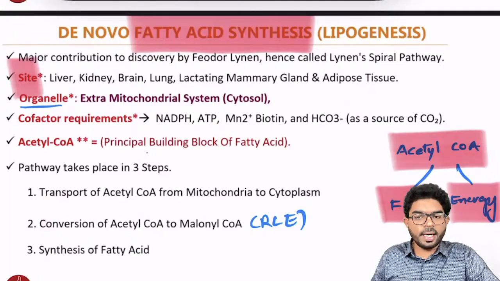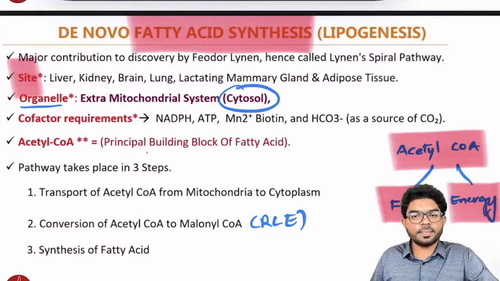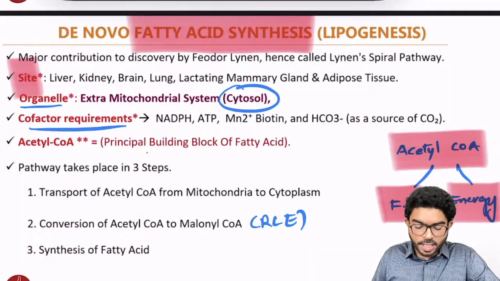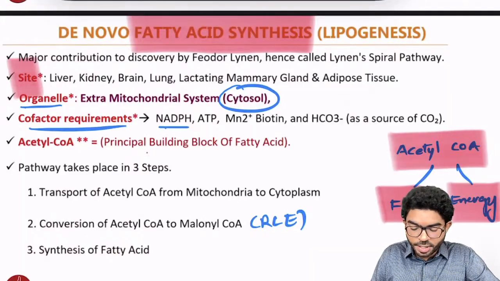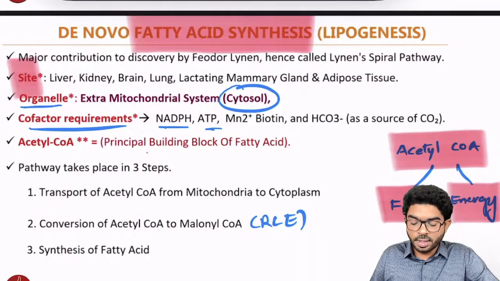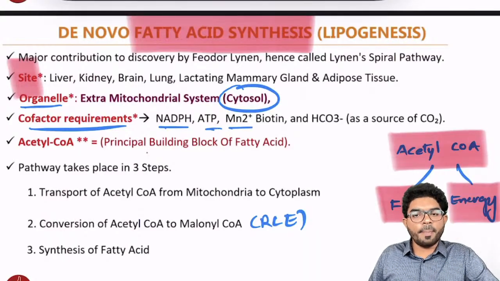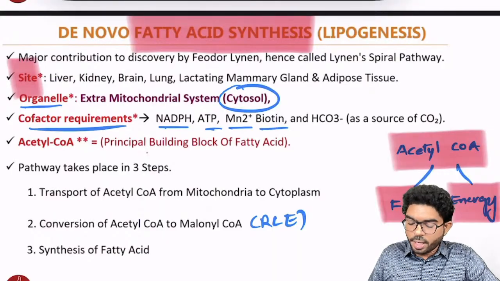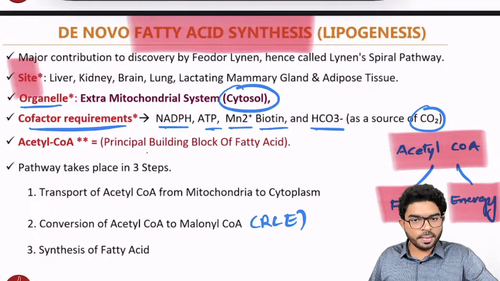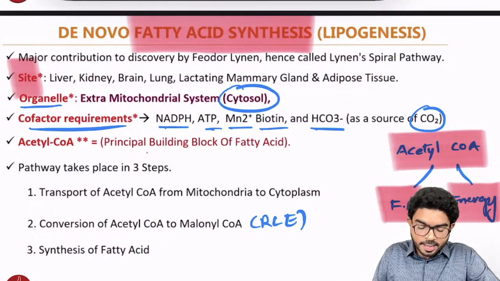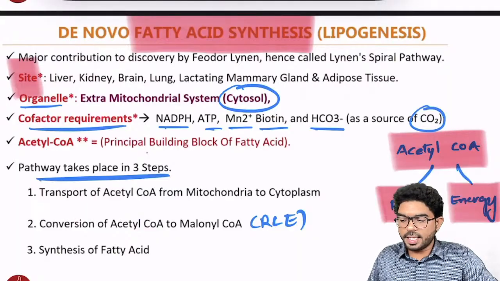The site where it occurs is the cytosol, and the components required are NADPH, ATP, Mn2+, biotin, and CO2, which is provided by the bicarbonate ion. This basically takes place in 3 steps.